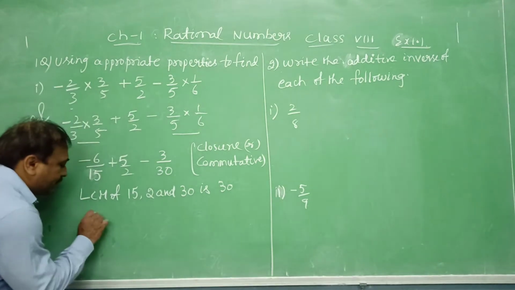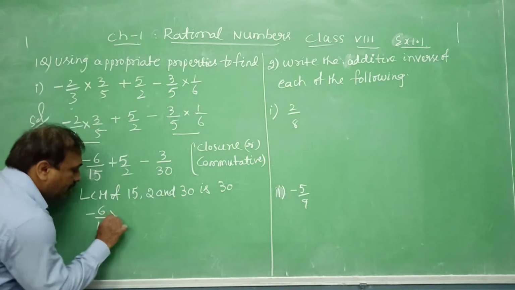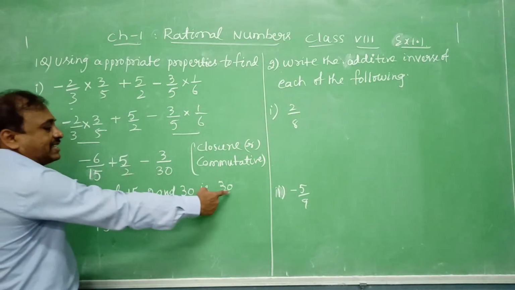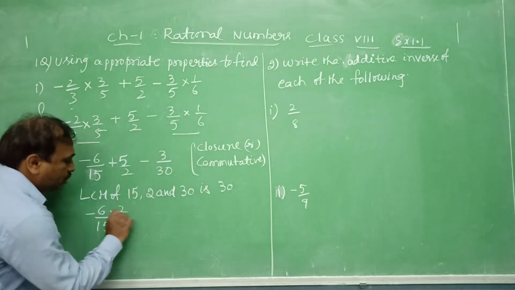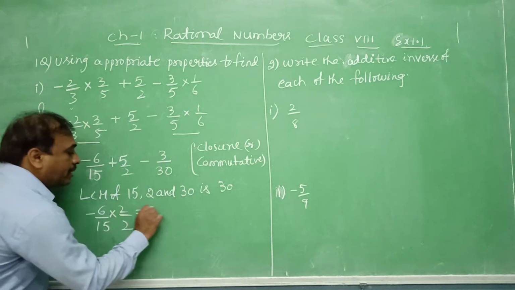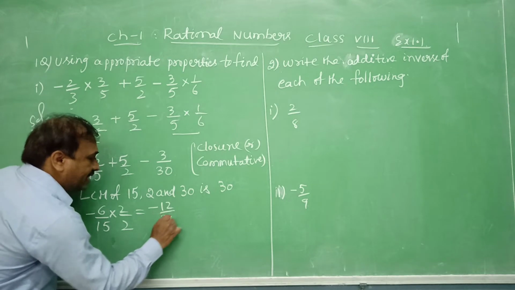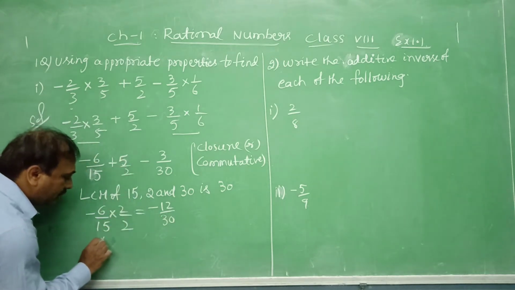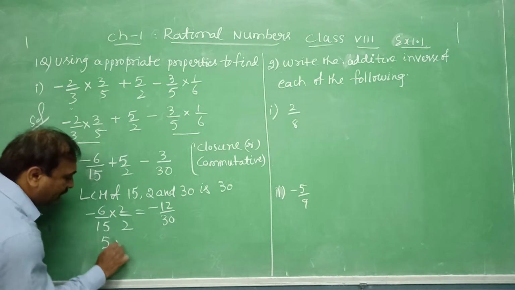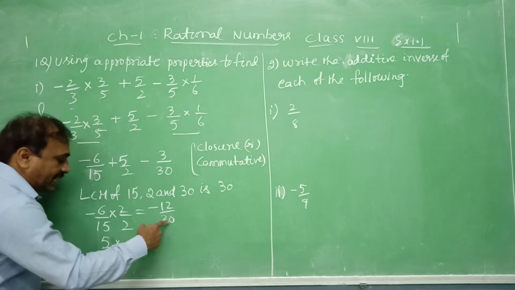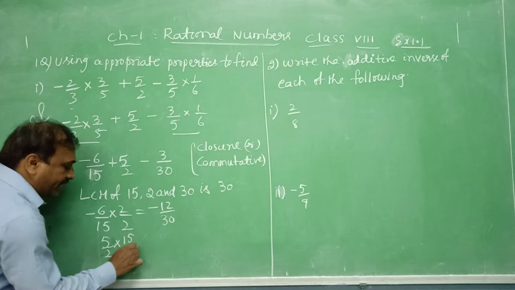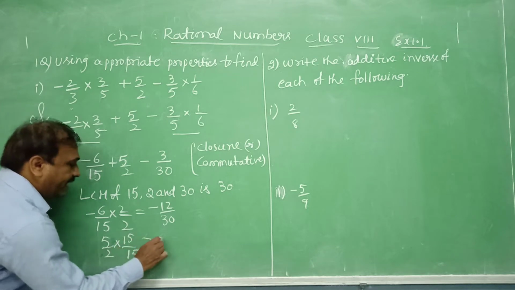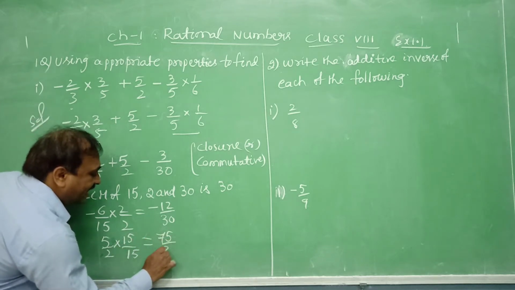So minus 6 by 15: if you divide the LCM 30 by 15, the quotient will be 2. So 2 into minus 6 is minus 12 by 30. This is one. And next 5 by 2: 30 divided by 2, the quotient will be 15.